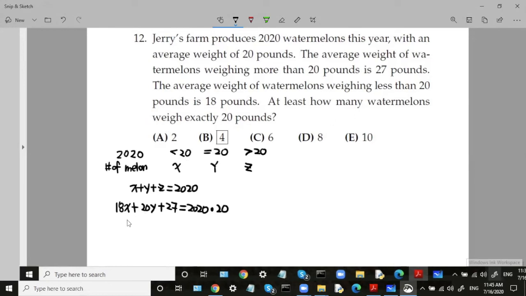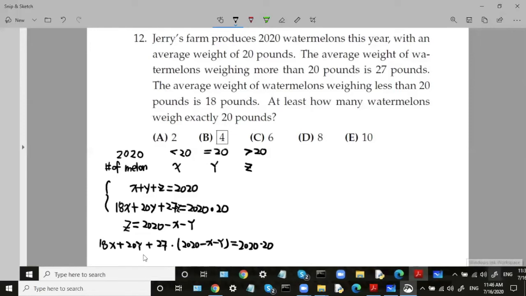So z equals 20 minus x minus y. So 18x plus 20y plus 27 times (20 minus x minus y) equals 20 times 20.